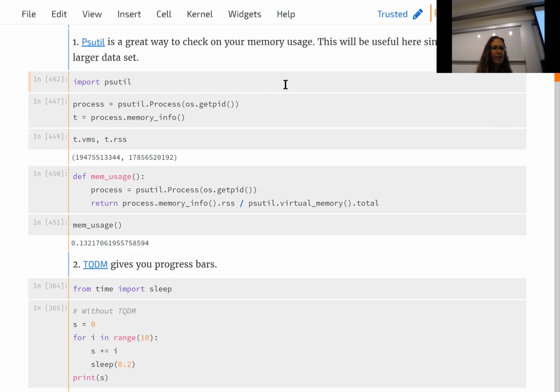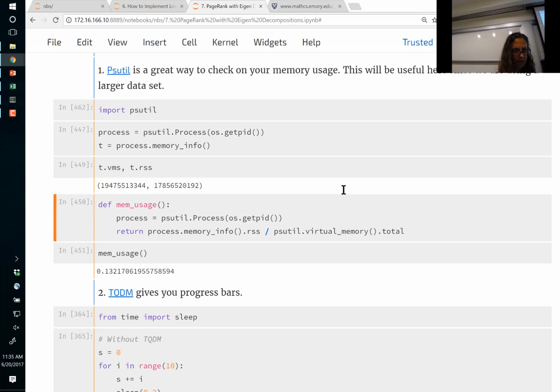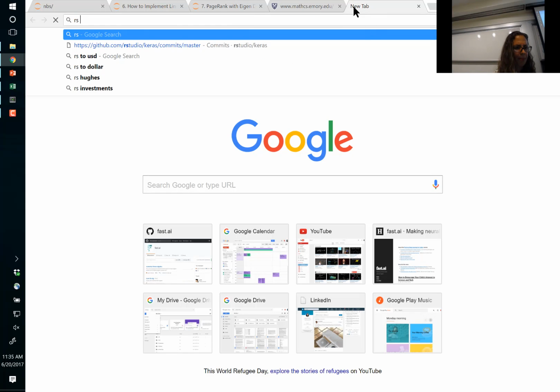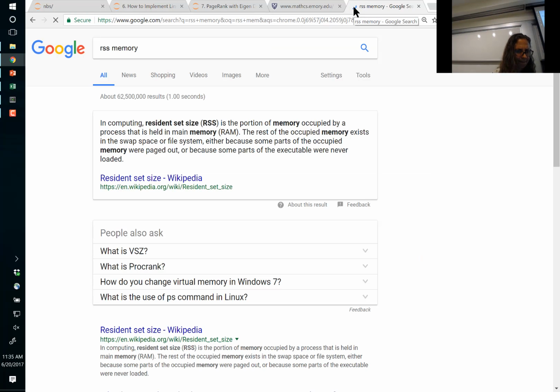So you'd have to pip install this and then import it. Here we're getting the process ID and the process memory info, and then I've written a helper method, memory usage, that just returns RSS memory, which stands for resident set size memory.